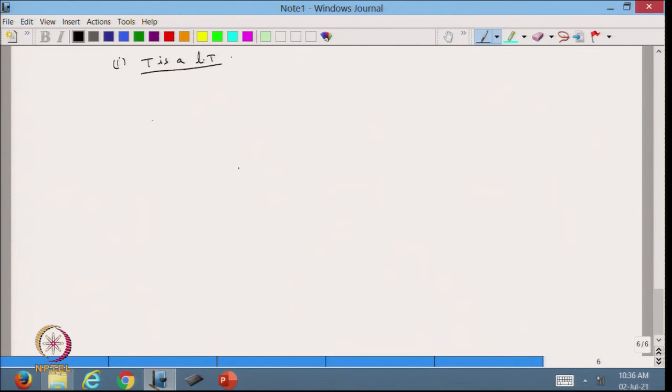Now, for u, I know that for any u' belonging to U, we can write u' is equal to, suppose, beta 1 u 1 plus beta 2 u 2 up to beta n u n, and this is true.